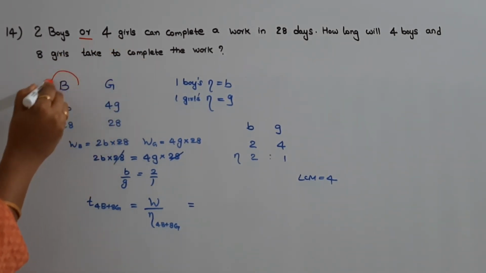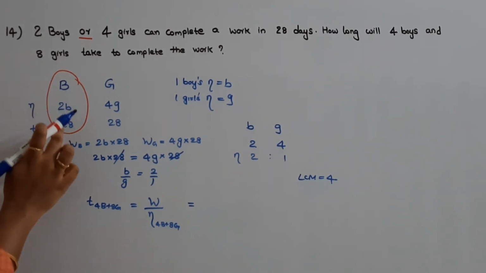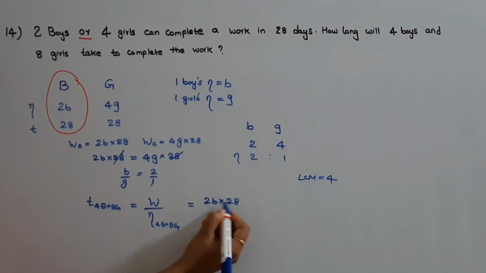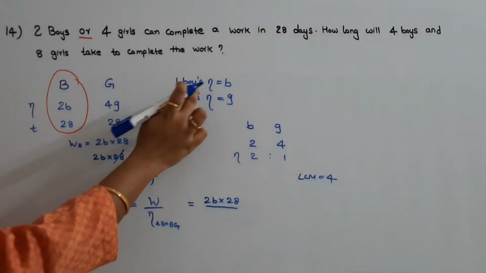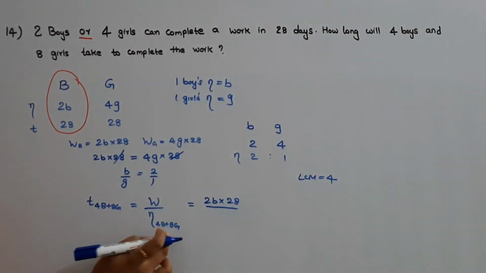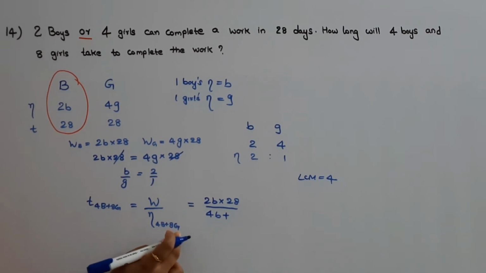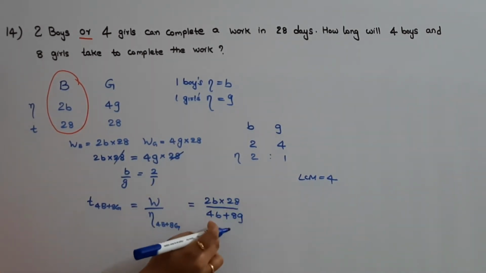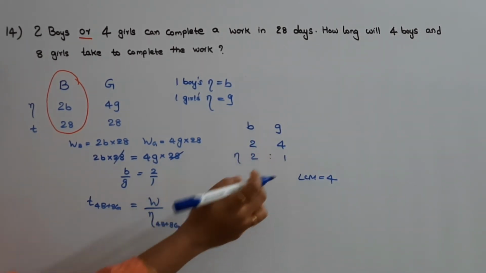I am taking this part. So work done is equal to efficiency into time, that is 2B into 28 divided by what is the efficiency of 4 boys. If one boy's efficiency is B, 4 boys efficiency will be 4B plus 8 girls efficiency will be 8G.